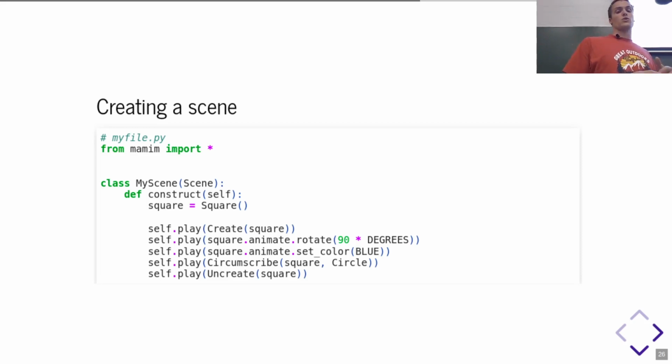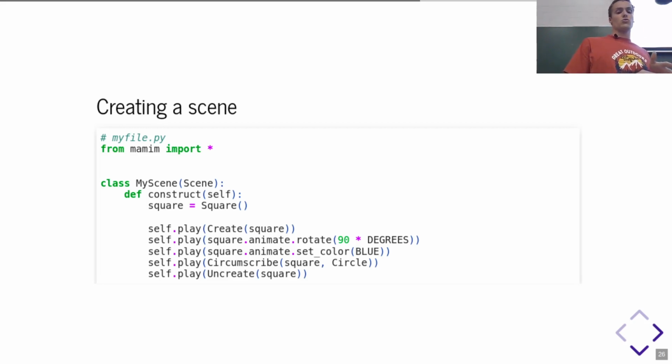Once it's done, you create a scene, and a scene is just going to be a sequence of animations. If you want to have multiple scenes, because you want to separate your work, you can do that also. The important part of the scene is the construct method that you have to create, which is going to contain every single animation and, of course, everything that you need to create those animations.